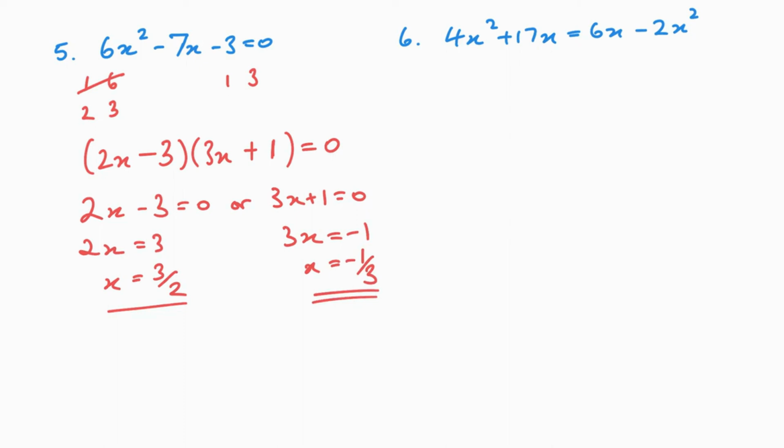Okay, number 6. So this one I need to first make it equal to 0. So let's get everything to the left in this one. Let's add the 2x squared, so 6x squared minus 6x, so plus 11x equals 0.